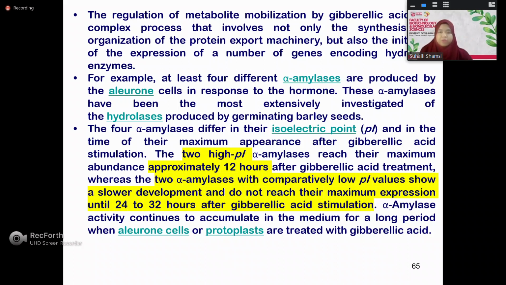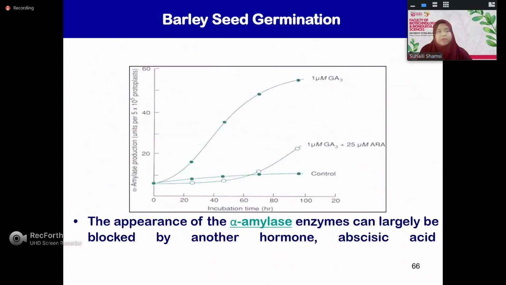And if we move on to the next slide, there's also an experiment looking at barley seed germination when exogenous gibberellic acid is supplied to the seed itself. So we have three treatments here. Always in an experiment, you have to have a control in order to do comparison, in order to know that you are doing things right.